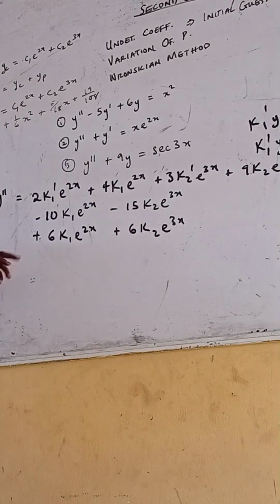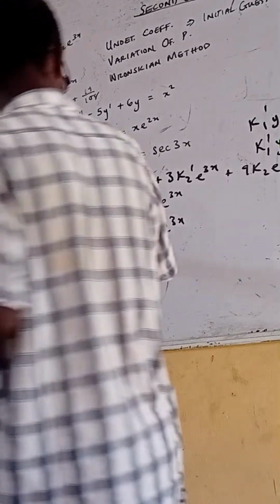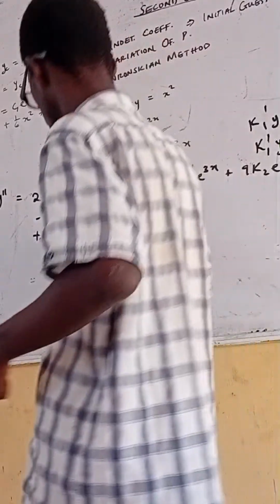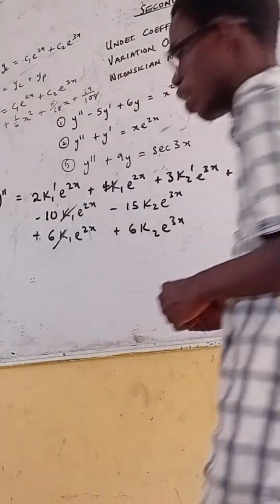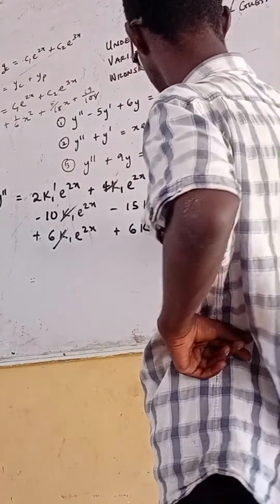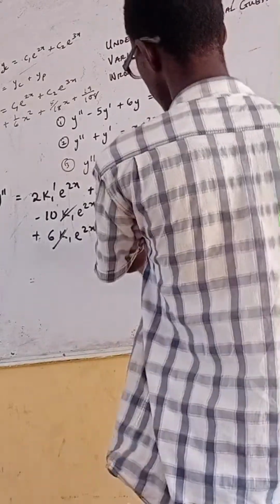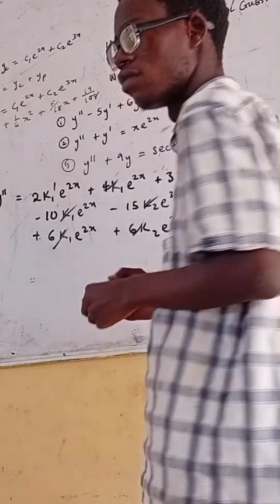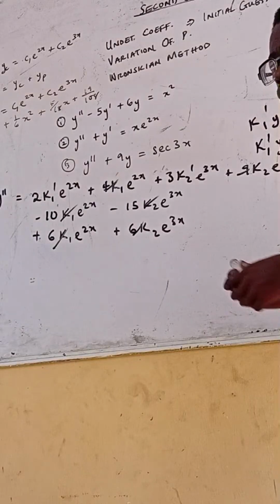So what are we going to do next? Compare this k1, this 10. 10 minus 10 cancels out, abi? For e raised to power 3x, k2, 15 minus 15 cancels out. Abi? Do you get what I'm doing, please? It's cancelling out.